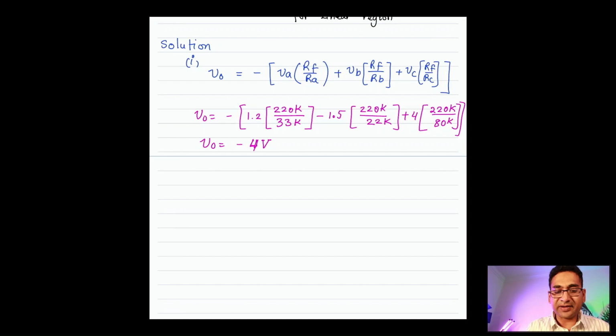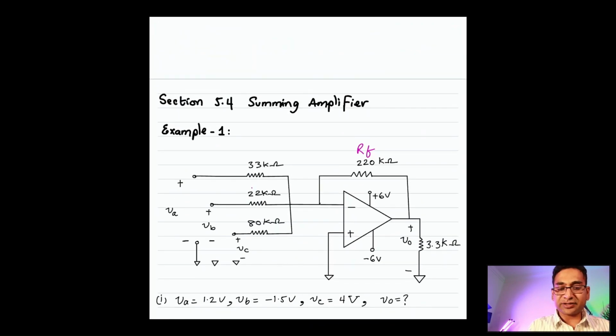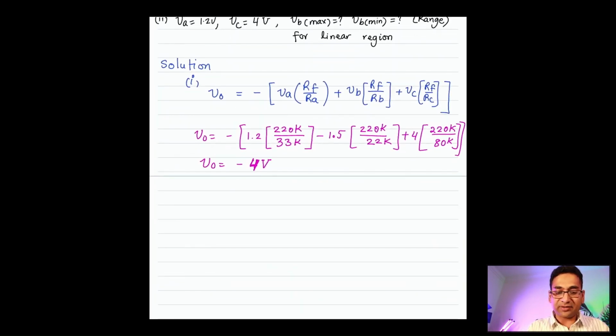By the way, what problem number is this? This is problem number 5.12 from the textbook. That's the output voltage. So that's the first part of the problem.